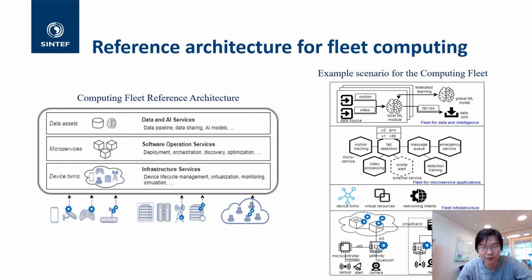On top of it is the software layer. Considering the distributed nature of all these devices in the fleet, it's a natural choice to use microservices as the architecture of the applications. So every application is a group of microservices connected with each other, and each microservice may have multiple instances distributed into different devices.